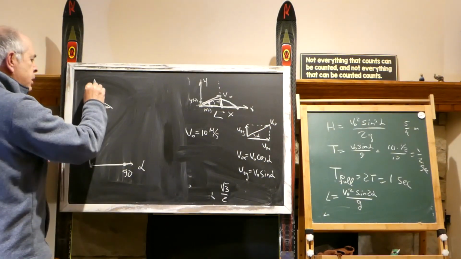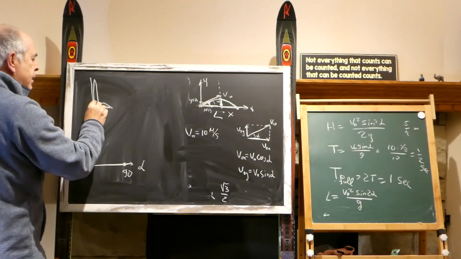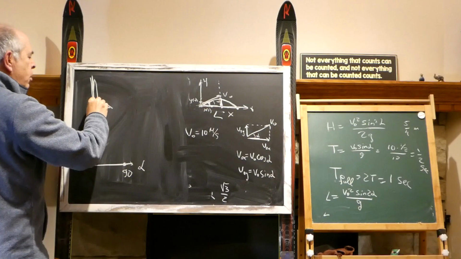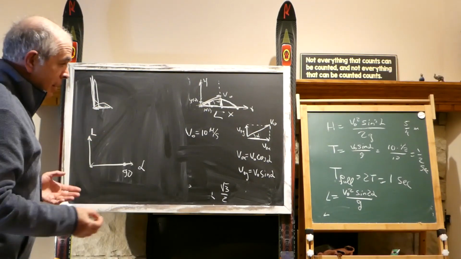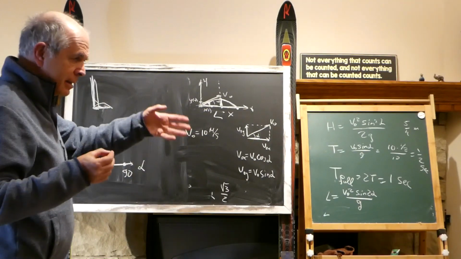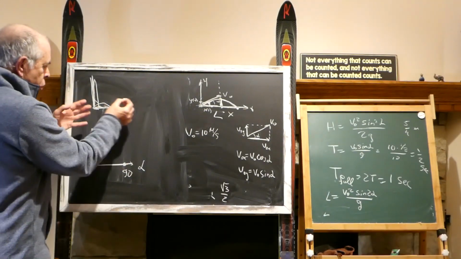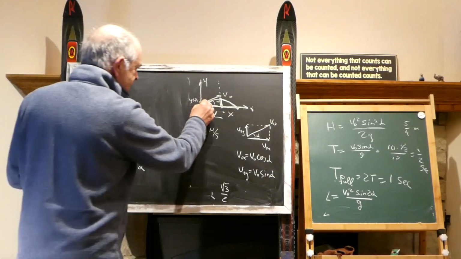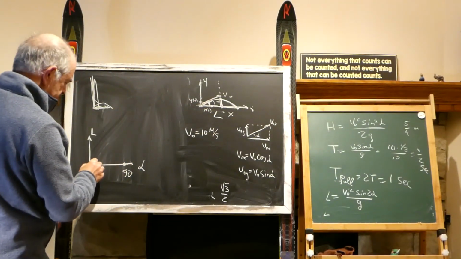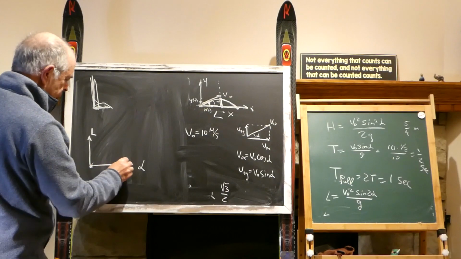If we throw it vertically, this angle is 90 degrees, it goes up and it goes down. Up and down. This is the whole playlist that we just looked at, kinematics in 1 dimension. So no shift in this direction, so this L, this distance becomes 0, and this is what I'm denoting here.